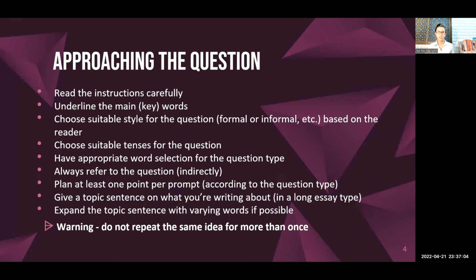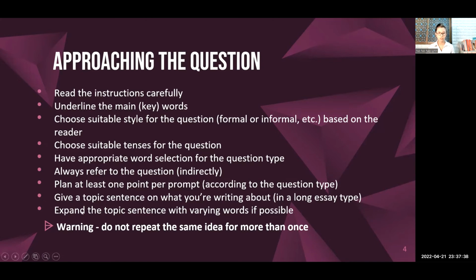Especially in the examination, you need to show the examiner that you are a candidate who really understands exactly what the question asks you to do. If you want to show that, just refer back to the question in your own words, paraphrase it, rewrite it in your own style. And it has to mean exactly the same.